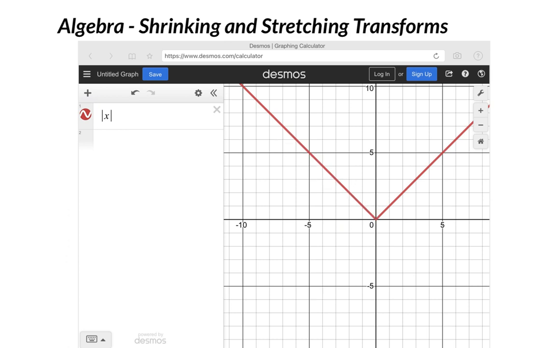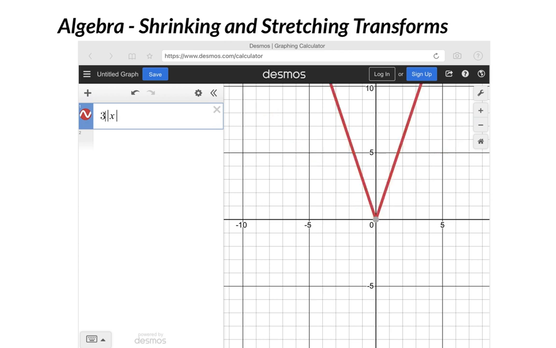Now, to stretch or shrink a function, the way that we do that is with a multiplier. So here's what I mean by that. If I were to take my absolute value and put a 3 out front, it would stretch it, make it thinner, make it grow faster.